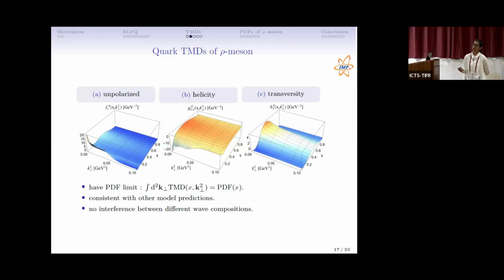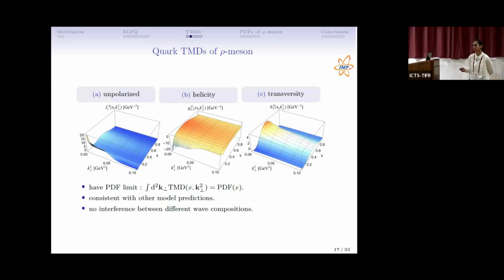These are our results for the quark TMDs of the rho meson. This one is the unpolarized, this one is the helicity, and this one is the transversity for the quark case. You see here at the low x region, there is a peak in all the distributions.